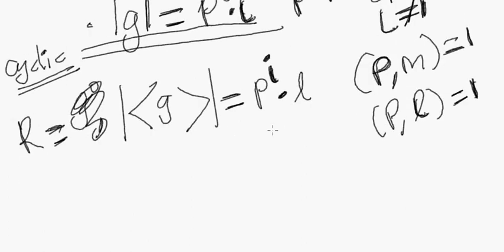If every element has order P to the I times L, well, isn't this in the same form for Sylow's theorem?